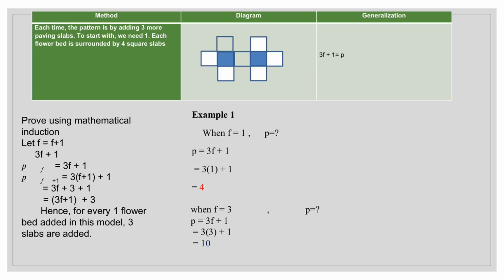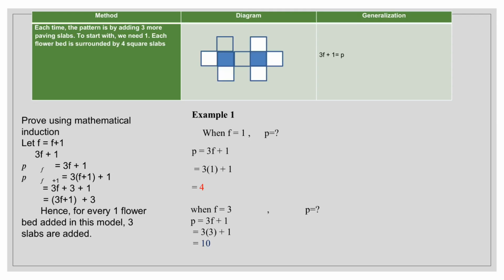Let f is equal to f plus 1. So 3f plus 1, yun yung formula natin. So p sub f is equal to 3f plus 1. Then substitute pf plus 1. P sub f plus 1 is equal to 3 quantity f plus 1 plus 1. So yung makukuha natin is 3f plus 3 plus 1.